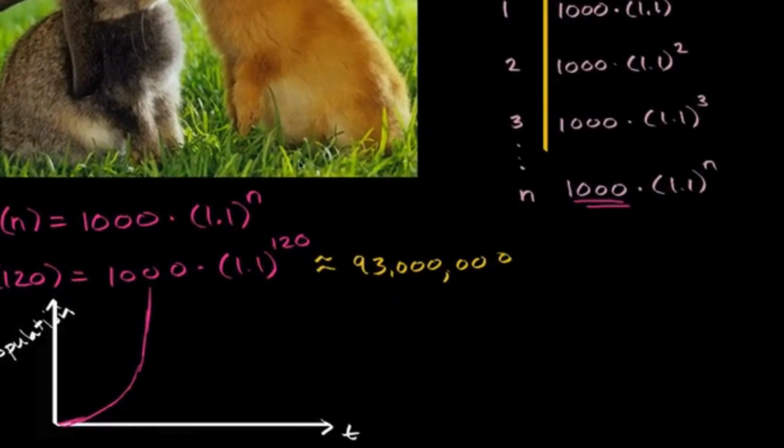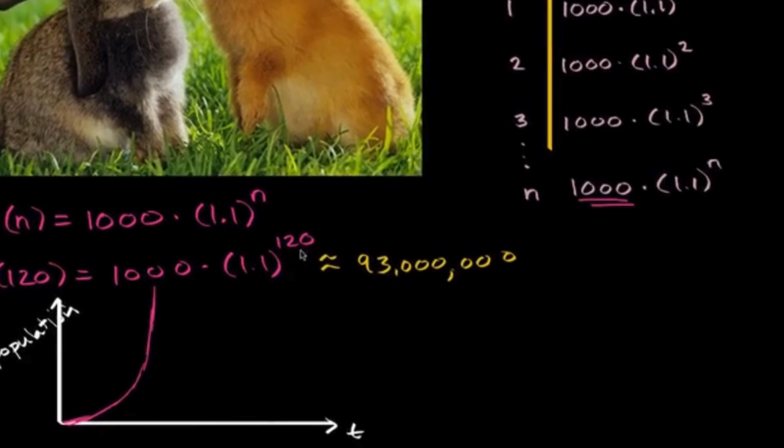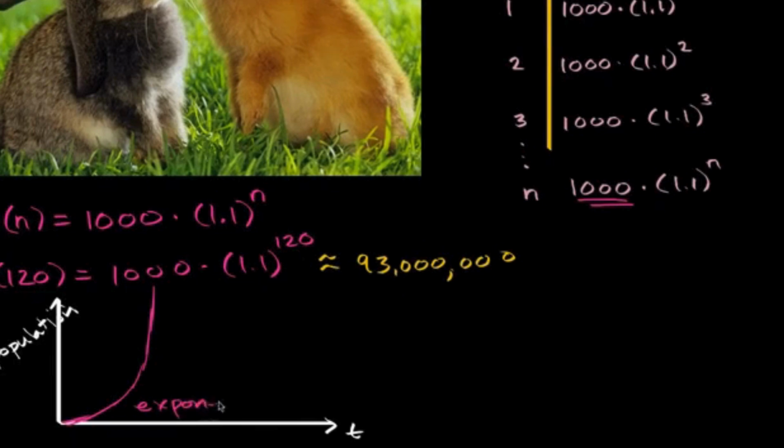But as you notice, I keep saying if they have enough food and if they have enough space. The reality in the world is that there is not infinite food and infinite space, and it isn't the case that there are no predators or competition for resources. And so there is actually a maximum carrying capacity for a certain part of the environment for a certain type of species. And so what we just described right over here is exponential growth.